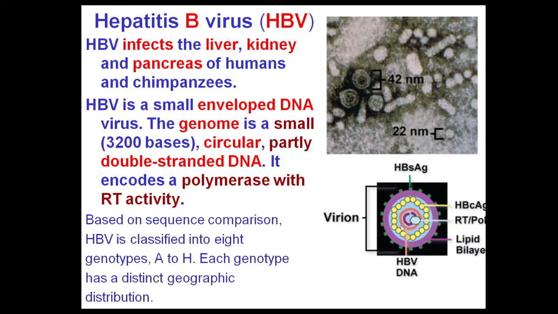And inside is the partially double-stranded hepatitis B viral DNA genome with the polymerase with reverse transcriptase activity. This nucleocapsid is covered with a lipid bilayer with hepatitis B surface antigens inserted in it, shown here in green. So this is quite simple.